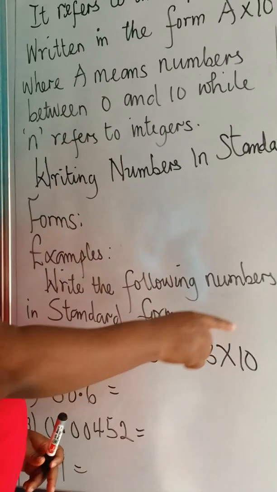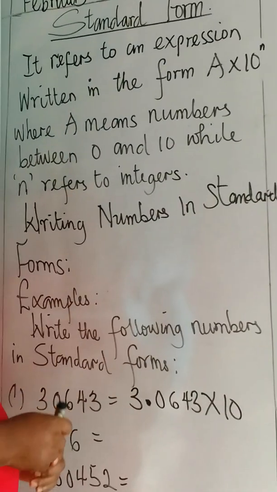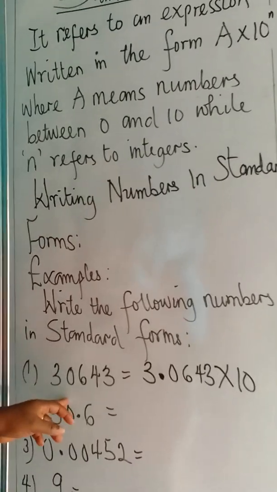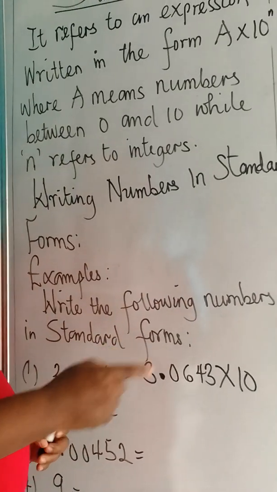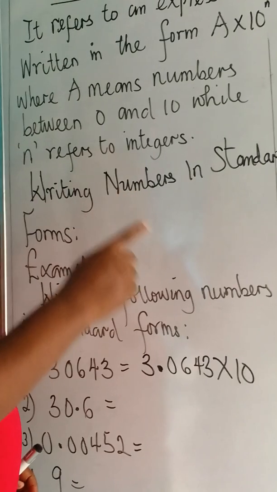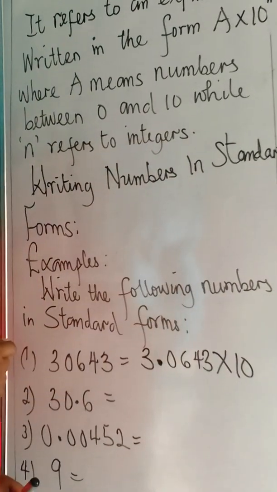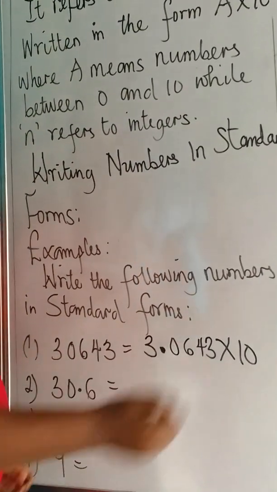So that is what is referred to as the integer according to the definition. This time around, it's going to be positive. Why? Because you are moving your point, or rather your 10, from the right side of your expression. We shall talk about that.